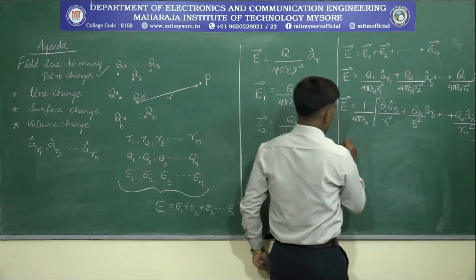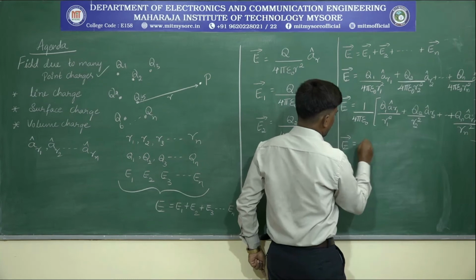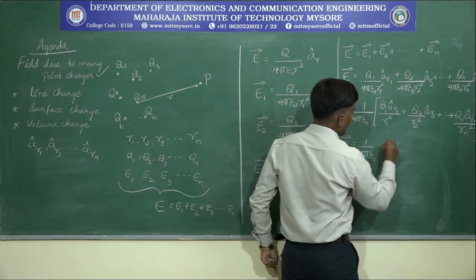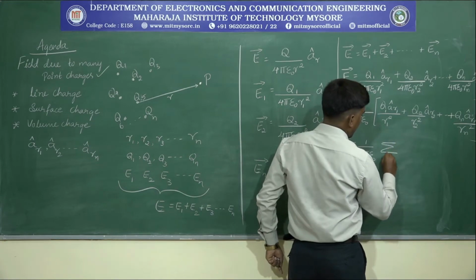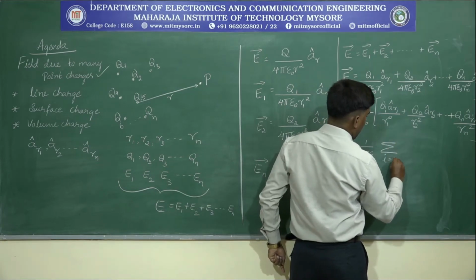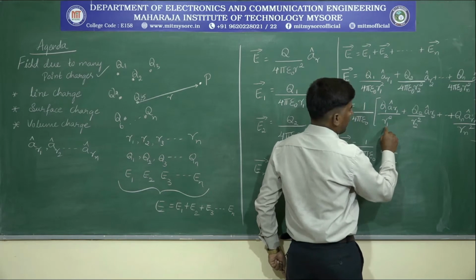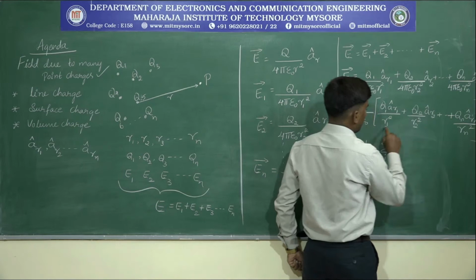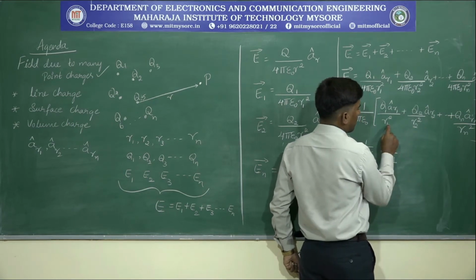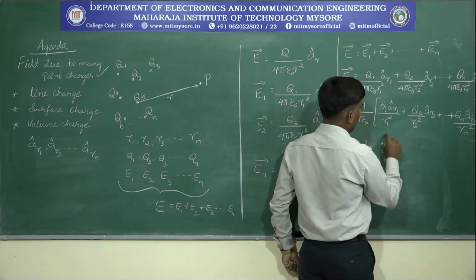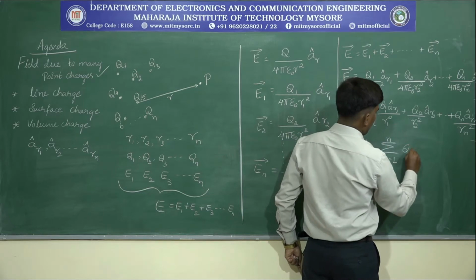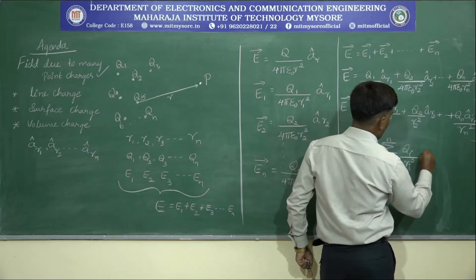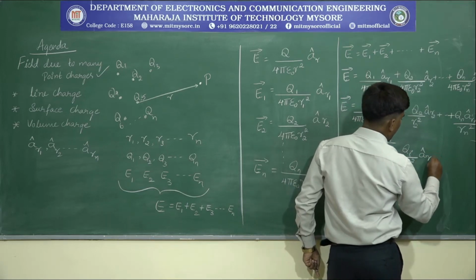So by looking at this equation, we can easily reduce it by using summation, right? Which is equal to 1 by 4 pi epsilon naught summation i varies from 1 to n of Qi by Ri square into A cap Ri.